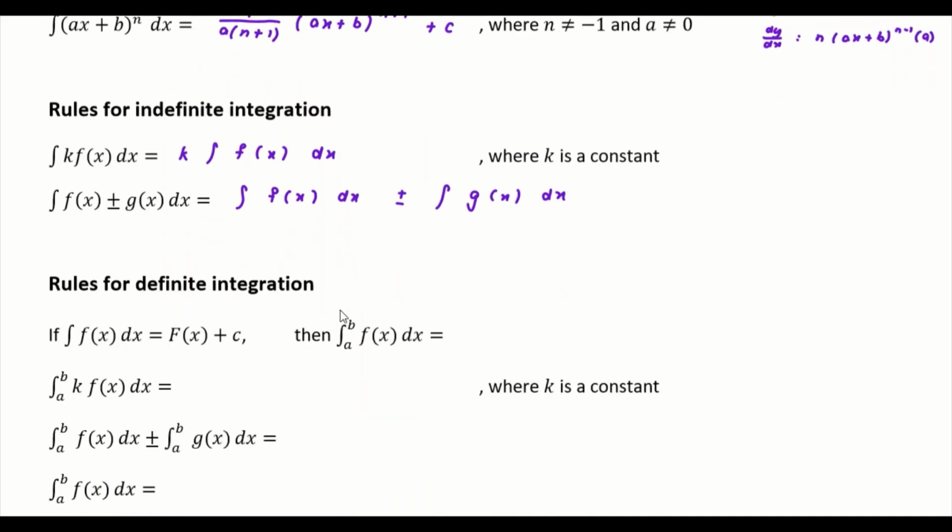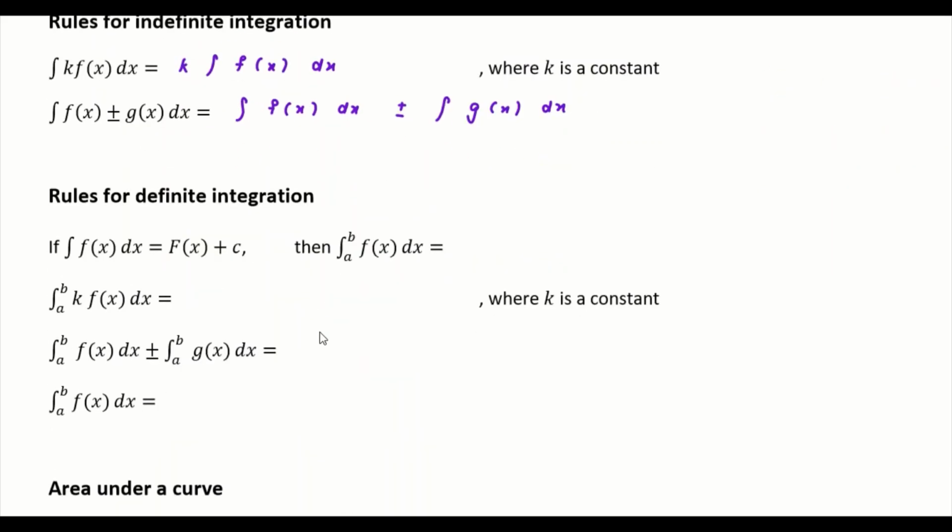Then after that, this is for the finite integration, which means that we are going to be given a limit. If we integrate the function f of x with respect to x, we get this answer, our integral. When we have this limit, we write it in a box.